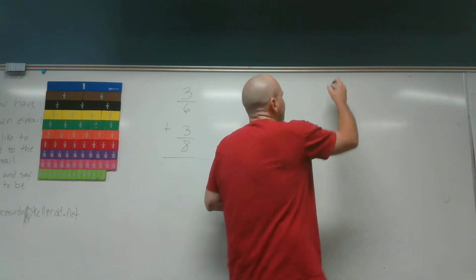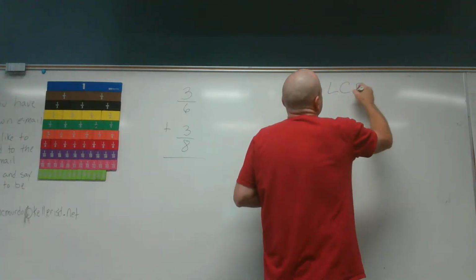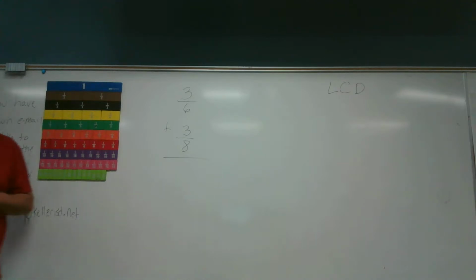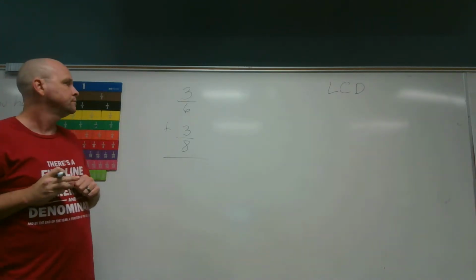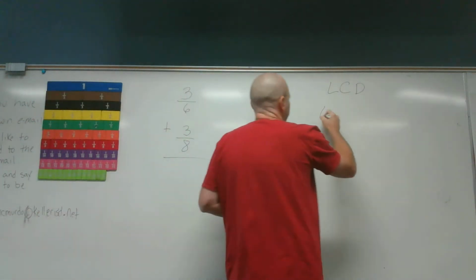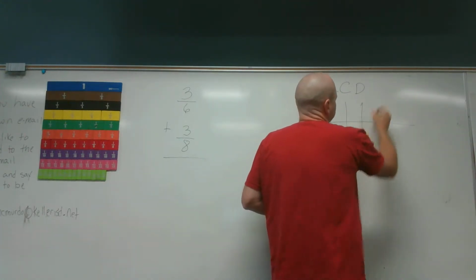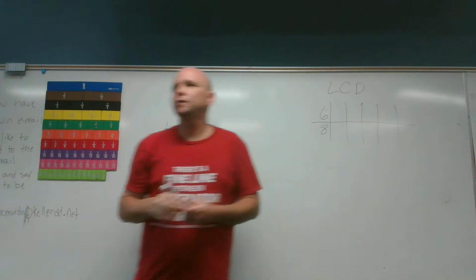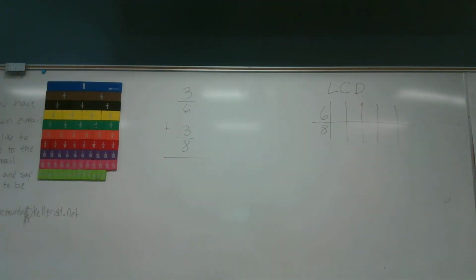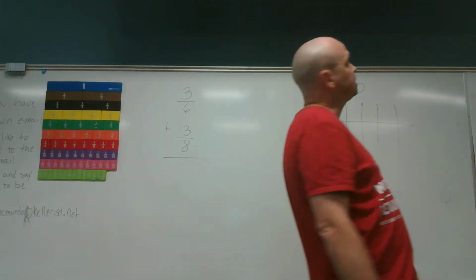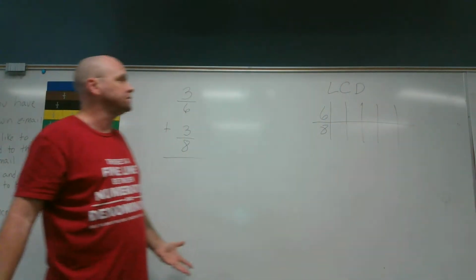So we're going to find the least common denominator. Eric, what are my denominators in this problem? 6 and 8. Basically, what you're doing is making a multiplication table of 6 and 8.